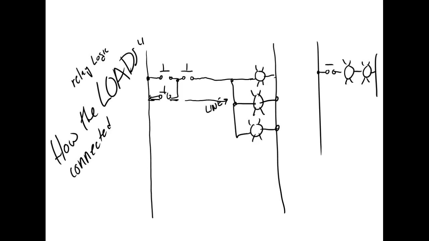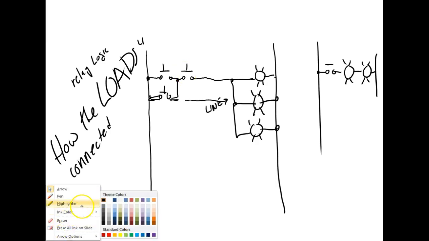So what's the next rule? Program flow. What we don't want to do is send things going back from left to right. Program flow is when the PLC starts figuring this out, it's going to read your inputs first.